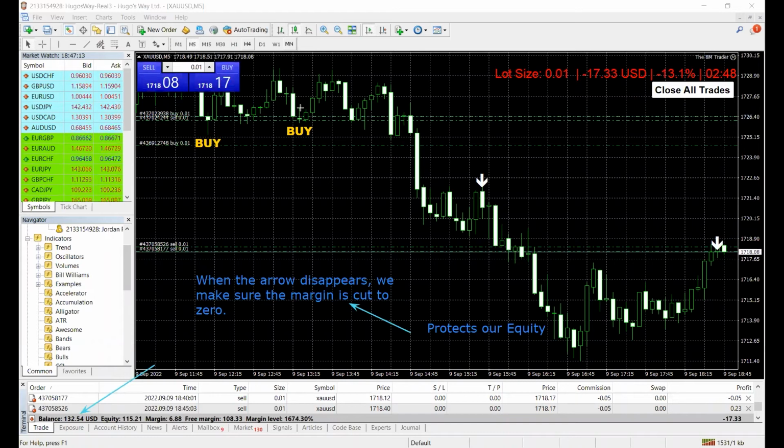Now, the fuel that's allowing us to keep going is this right here, the equity. If that equity goes down to 0 or an undesirable number, then that is it. The car is dead. It cannot move anymore. You have to start over. You have to put in more gas, more fuel, more money. And our objective is to not do that. We don't want to put more money in than we need to.